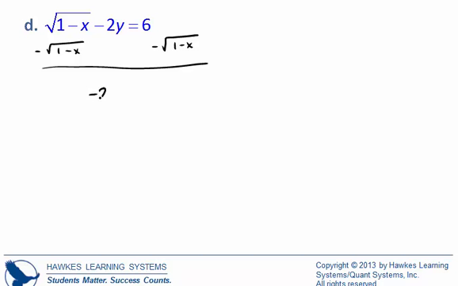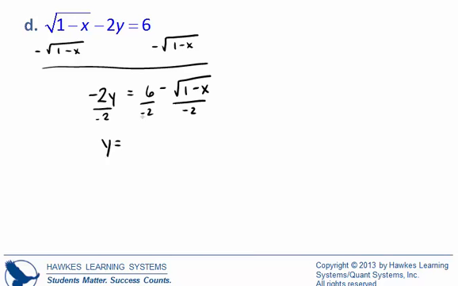So that's going to give me negative 2y is equal to 6 minus the square root of 1 minus x. We're then going to divide both sides by negative 2. And again, dividing by negative 2 is essentially dividing both of these terms by negative 2.